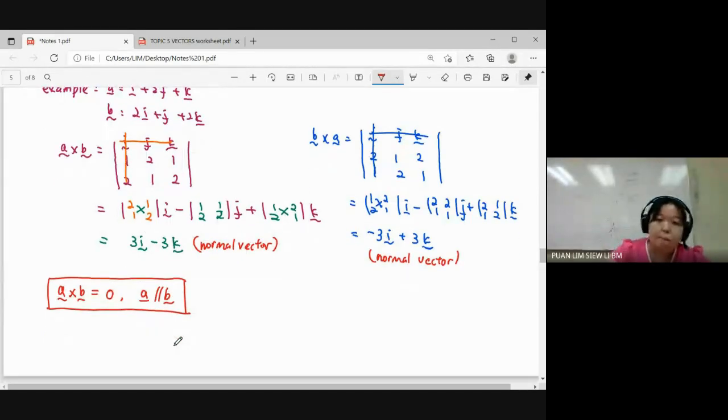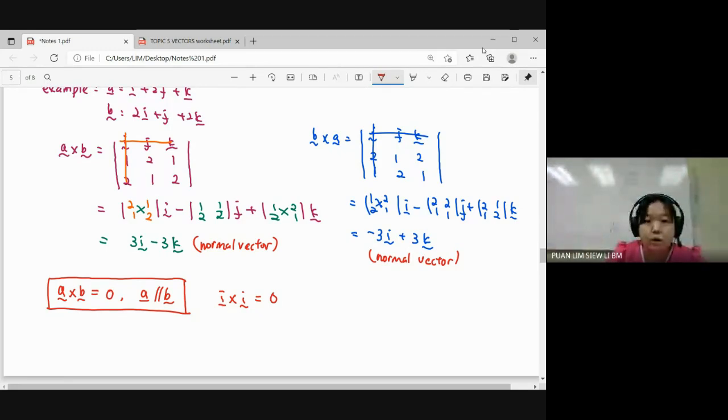So bila kita apply to the example like I cross I, boleh tak? I cross I, what happened? Can you tell me I cross I, what happened? Faham ke tak faham? Ya, kosong. Kenapa? Vector I to the right hand side. Vector I same. They are parallel. So when I cross I, kosong.